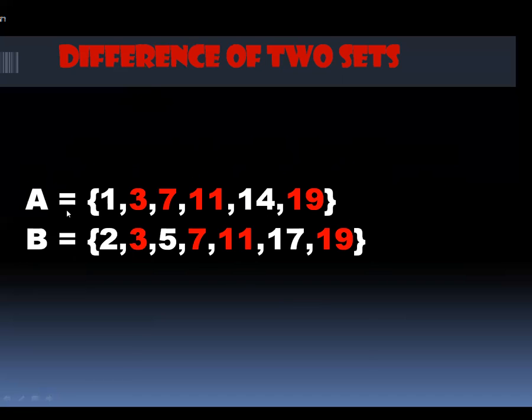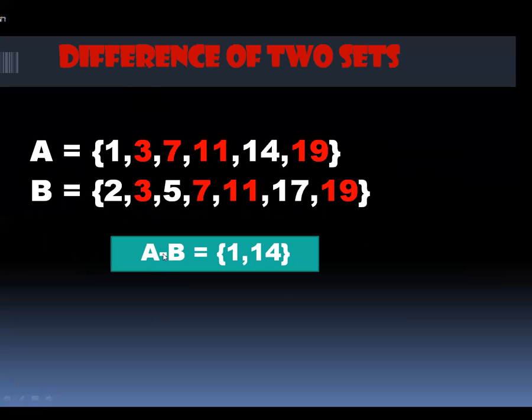After finding the elements common to the two sets, A minus B is equal to, okay, since A is the first set mentioned, this is our minuend.